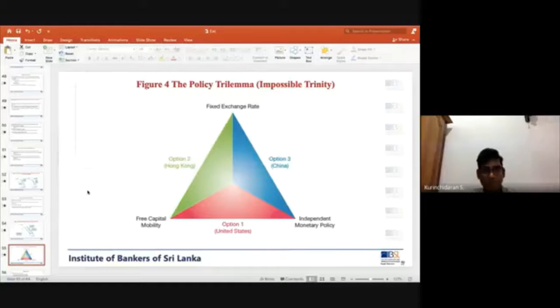If you want independent monetary policy and free capital mobility, you cannot have a fixed exchange rate. But if you want independent monetary policy and a fixed exchange rate, you have to stop free capital mobility. If you want a fixed exchange rate and free capital mobility, you cannot have independent monetary policy, because you can't change your interest rate to stimulate the economy.